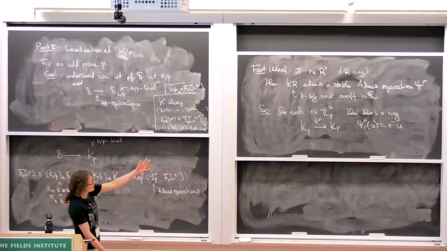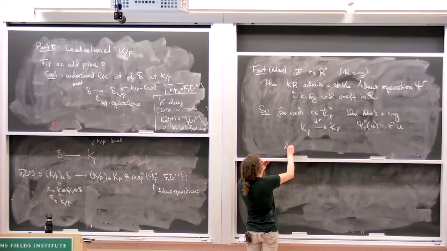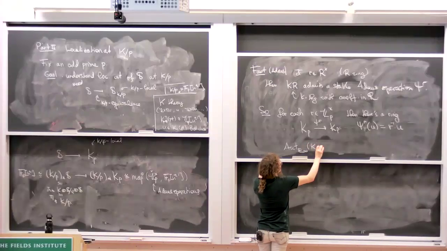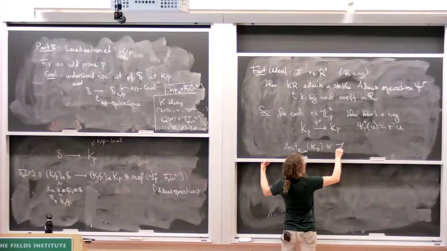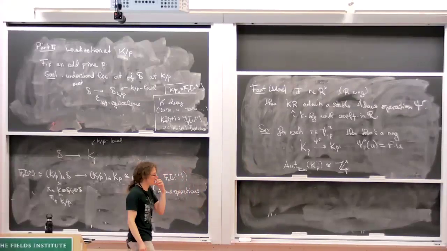Okay, so I get an operation like this for every integer. In fact, if I look at the automorphisms of the p-complete K-theory as an E-infinity ring, this is isomorphic to these Adams operations.